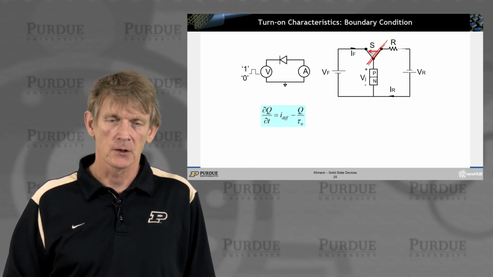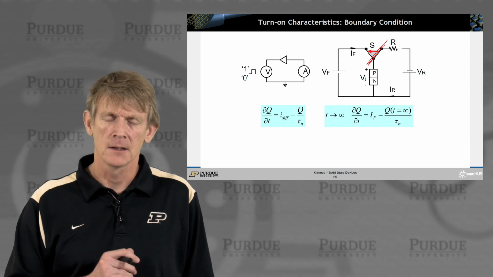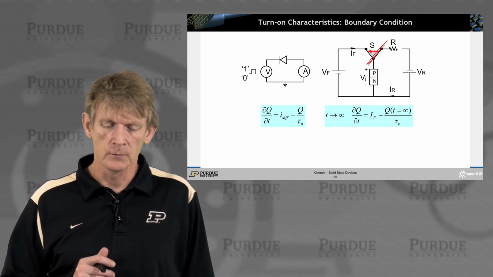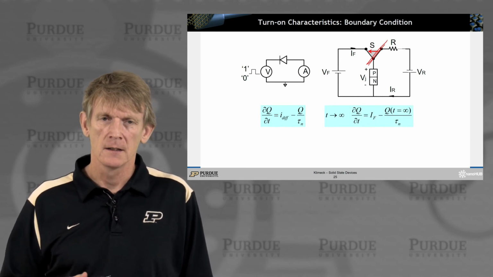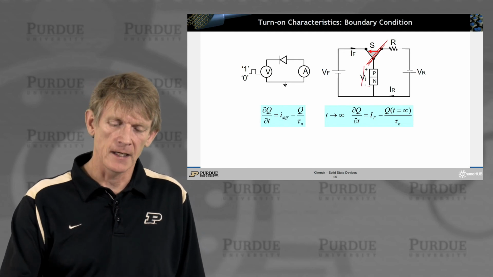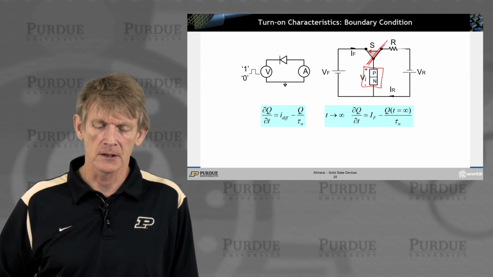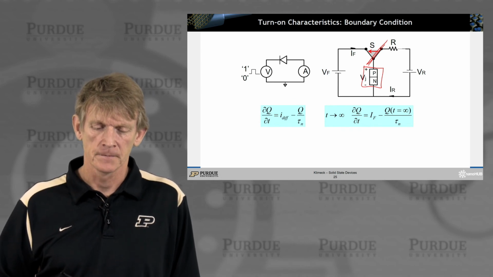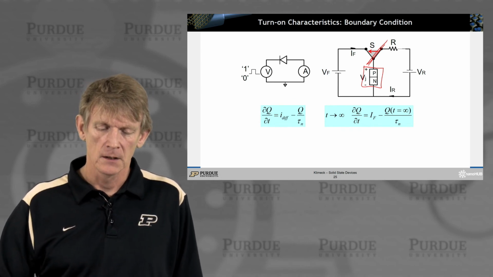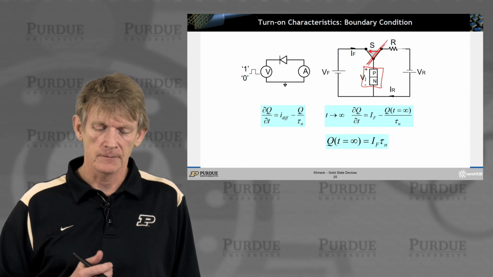Okay, so again we have the charge control model, and let's assume that we have fully charged this diode. Okay, we've fully charged the capacitive elements of this diode in the reverse direction. Okay, so we have a boundary condition for that.